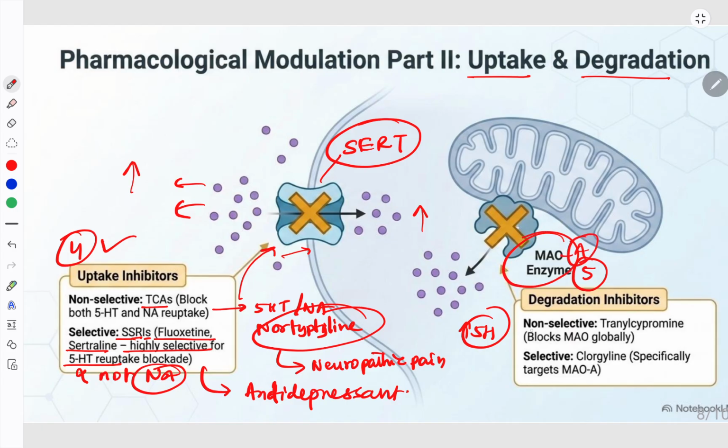There are two classes of drugs. One is non-selective MAO inhibitors which inhibit both MAO-A and MAO-B, such as tranylcypromine, or there can be selective MAO-A inhibitors like clorgyline, which can specifically inhibit the degradation of molecules which are metabolized by the enzyme MAO-A, like serotonin.